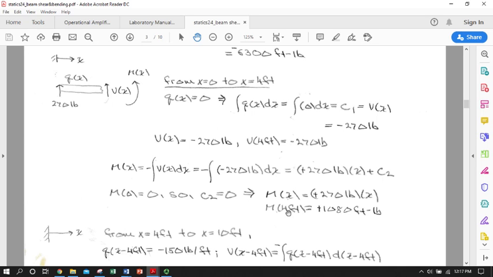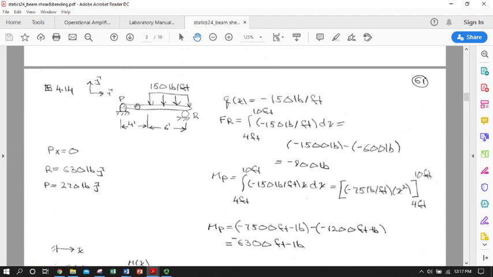If I wanted to know what it was at 4 feet, I just put in 4 feet for x and I would get positive 180 foot-pounds. So definitely, by the time we get to 4 feet, that cutoff right-hand section is applying a fair bit of moment to our left-hand section.